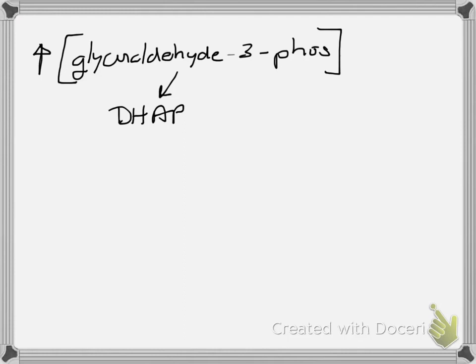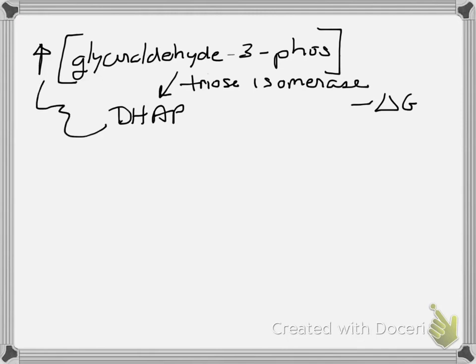So this is going to drive the triose isomerase enzyme to form DHAP because we will have, again, a negative delta G because of the high concentration of substrate, lower concentration of product.